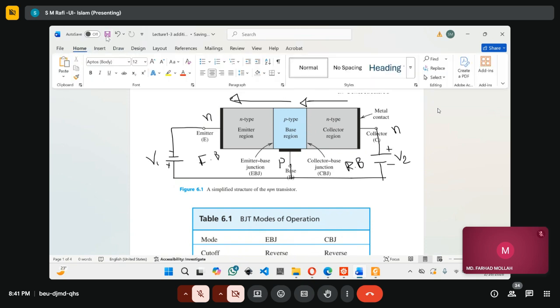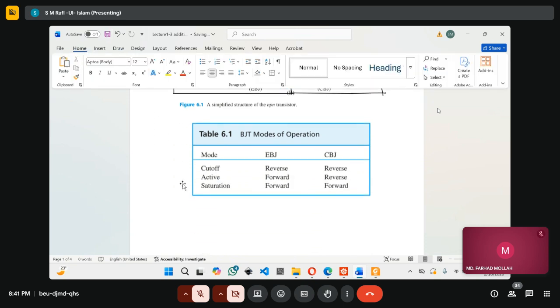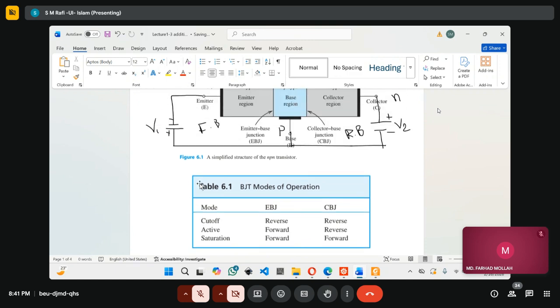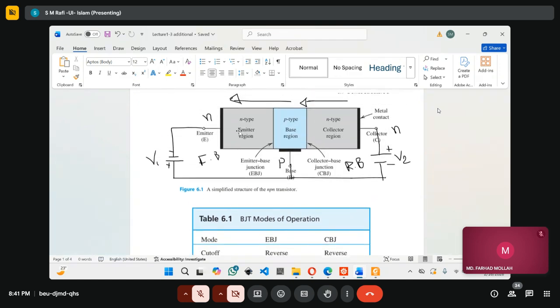That is a little bit of an overview of the BJT, or the transistor, mode of operation. This is for the NPN transistor. We can use a similar analogy for the PNP transistor.